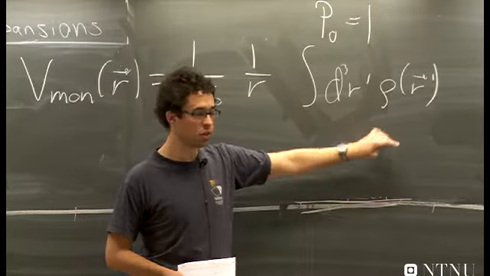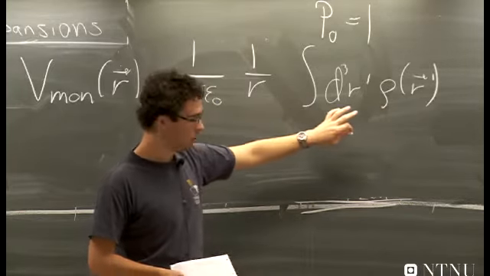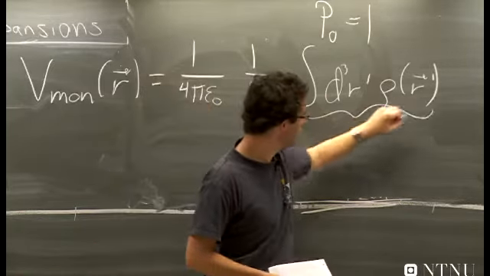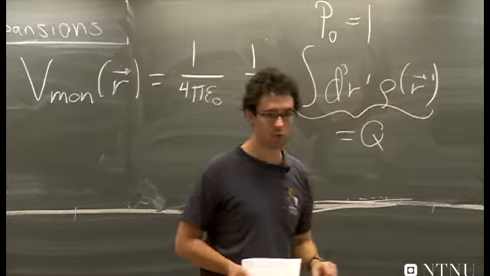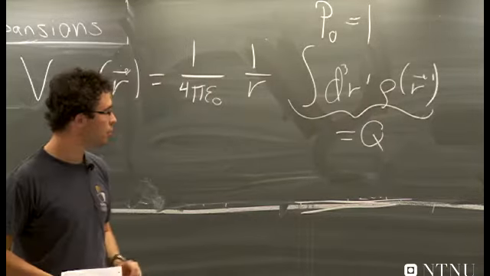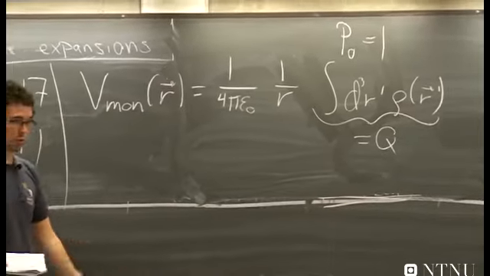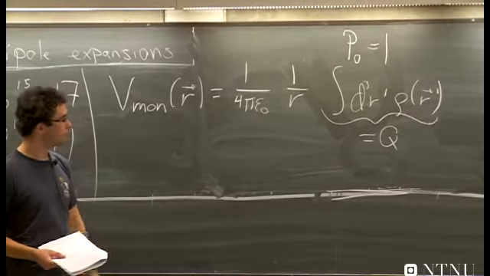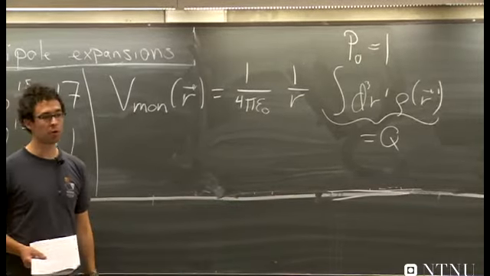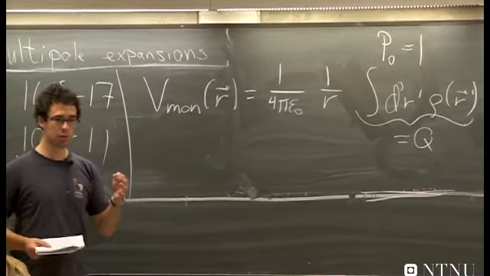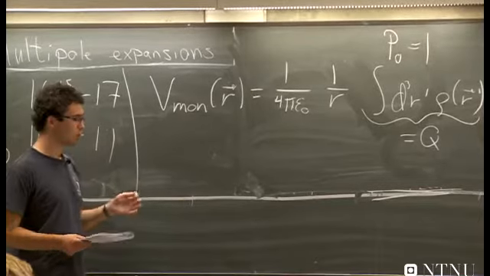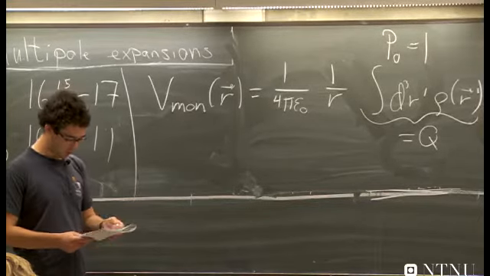Then this is just the integral in the expansion, and of course that's equal to the total charge, because I just integrate over the charge density, summing it up, and I end up with the total charge. So as a first approximation, far away from the charge distribution, it just looks like a point charge.